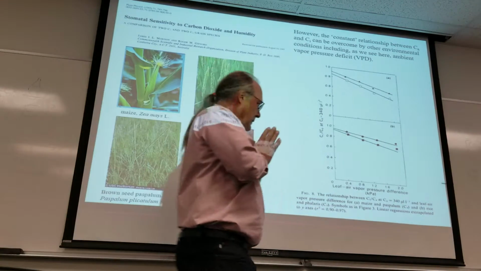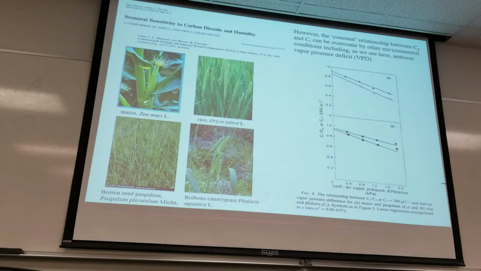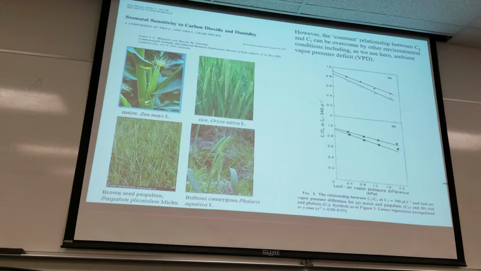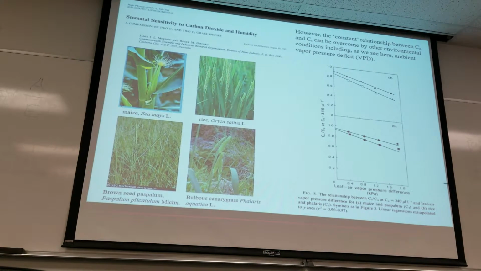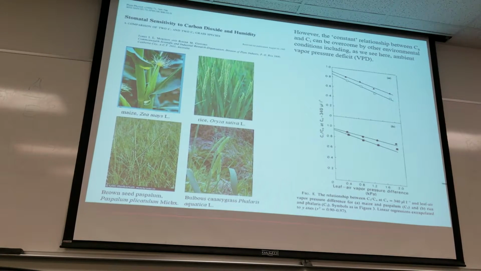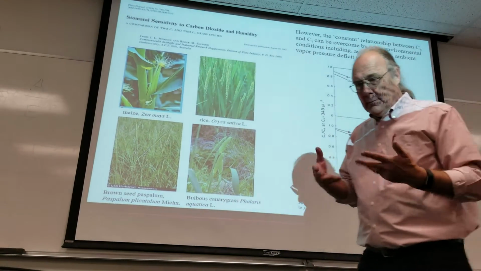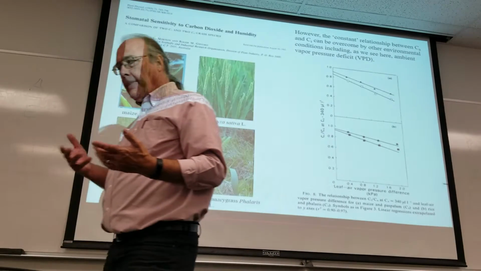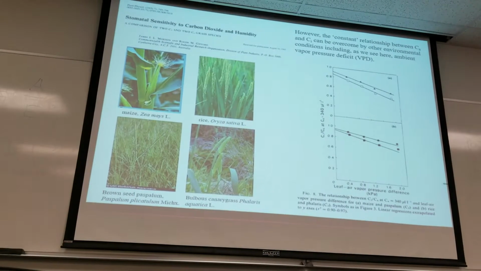It's been a challenge to come up with a mechanistic model of stomata. Okay, so we can have a mechanistic model of photosynthesis because we know enough about the process that we can write a series of equations that describes that.